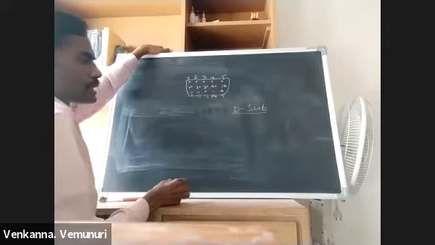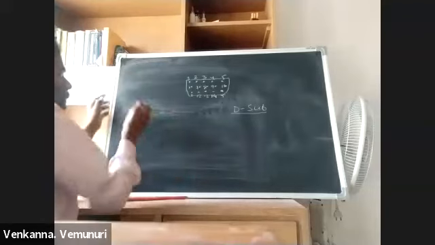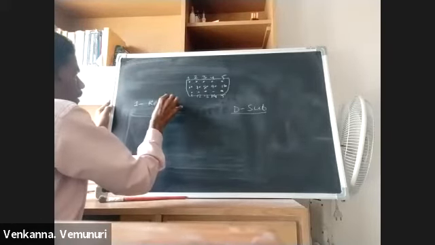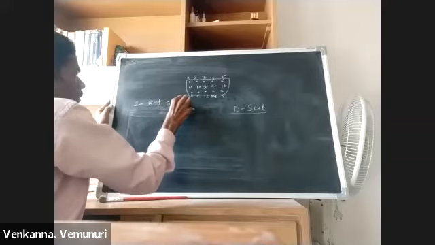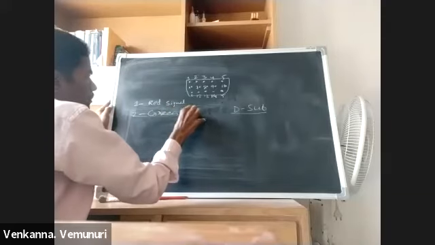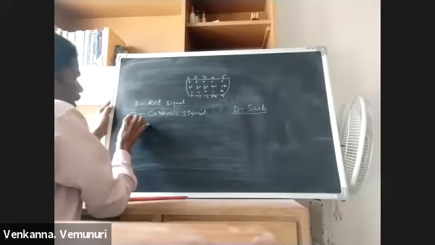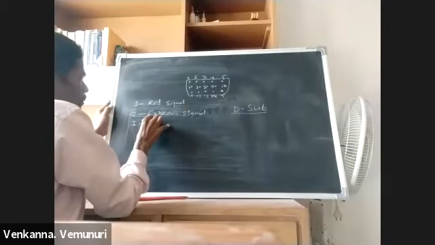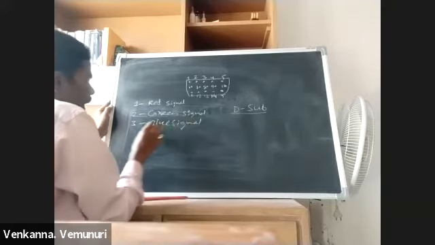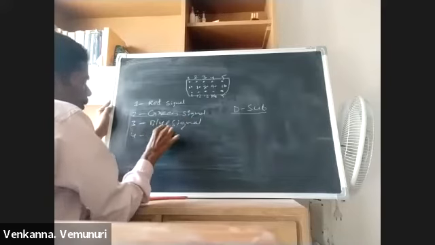In this, pin number 1 is the red signal, pin number 2 is the green signal, and pin number 3 is the blue signal. Pin number 4 is no connection.